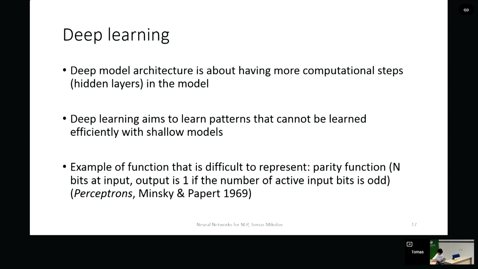It's almost 50 years ago that they published it, where they showed a number of examples that are very hard to learn with perceptrons, or they even proved that for some of them, the shallow networks will have to be unnecessarily large, for example, for the parity function, in which case it would basically have to see all the possible combinations of input bits to be able to produce the output correctly.